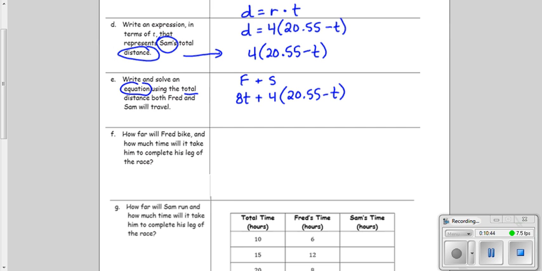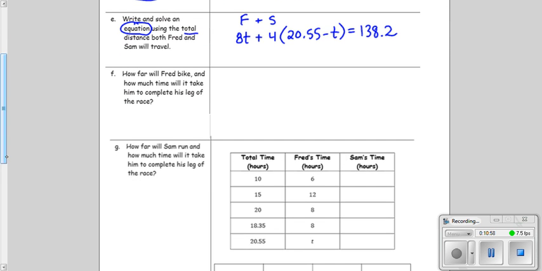And this is an equation to find the total distance. We know the total distance from the given information was 138.2 miles. Now let's solve that equation.